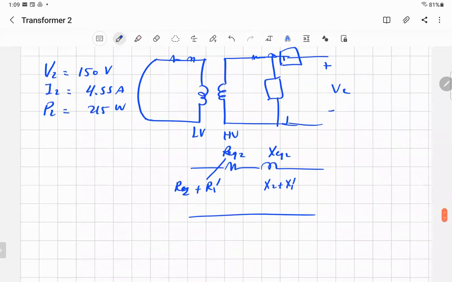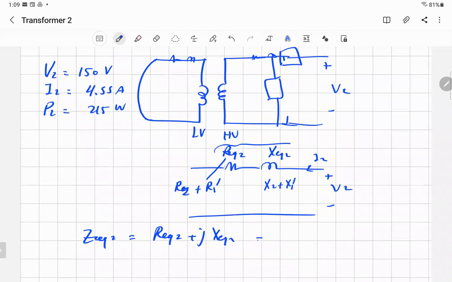So if you know the voltage here V2, and you know the current I2, what you get if you divide V2 by I2 is Z2. What's Z2? This Z equivalent 2 is equal to R equivalent 2 plus jX equivalent 2.